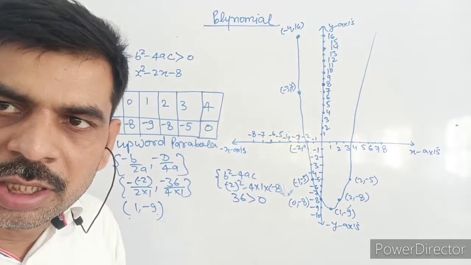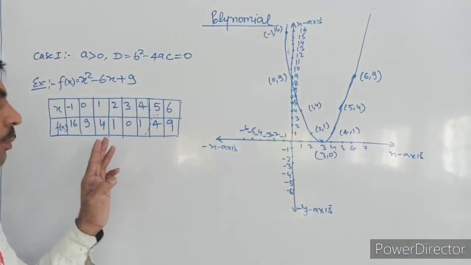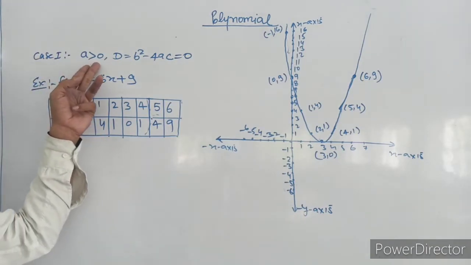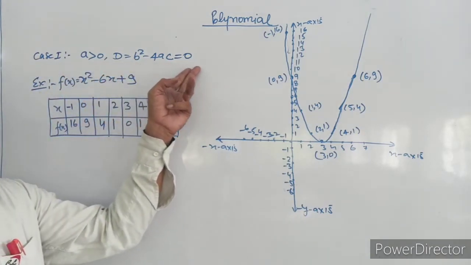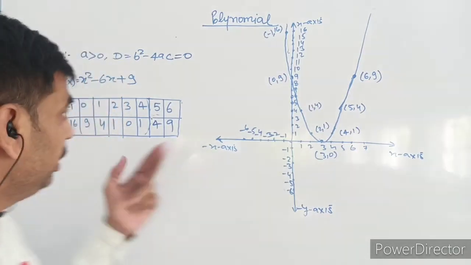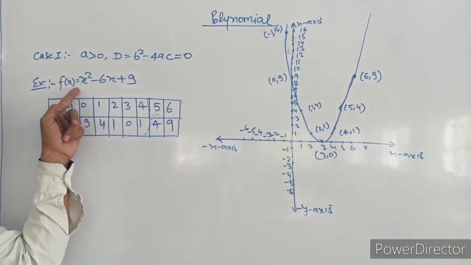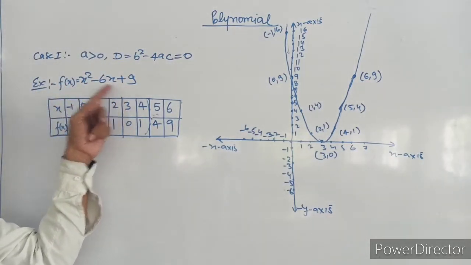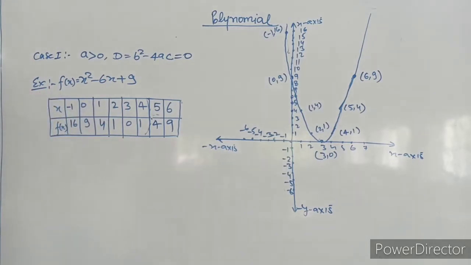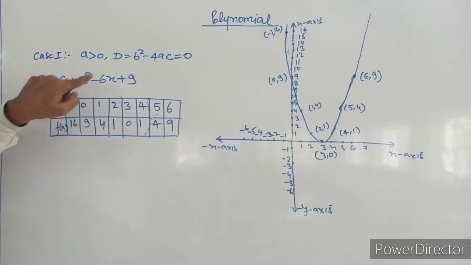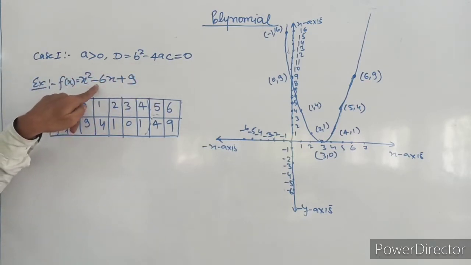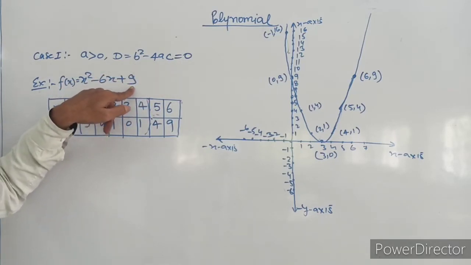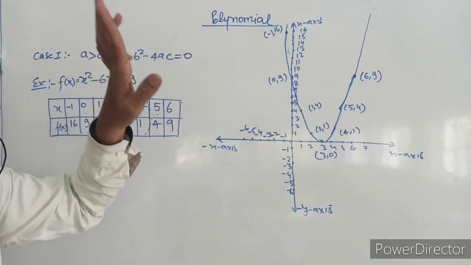Next is the second case: a is greater than 0 and D, that is b square minus 4ac, is equal to 0. The example here is f(x) equal to x square minus 6x plus 9. That satisfies the condition; a is 1, which is greater than 0. b square is 36 minus 4ac, 4 nines are 36, that is equal to 0.